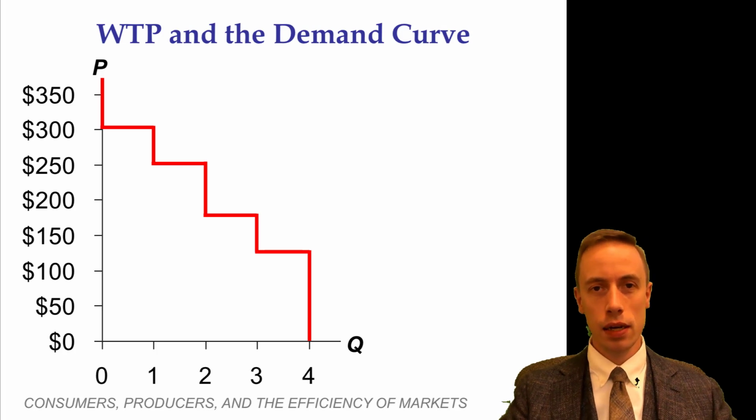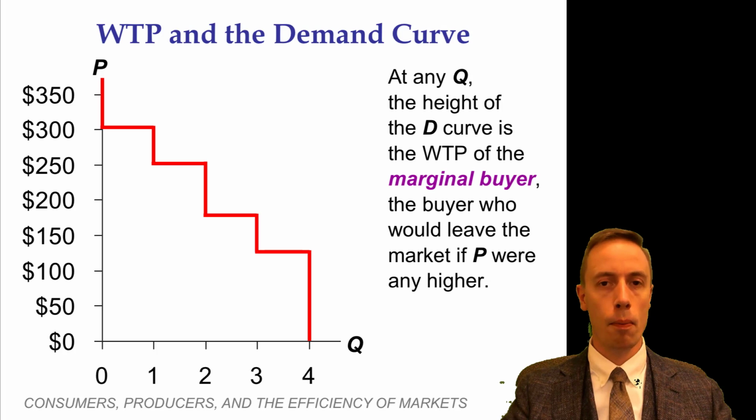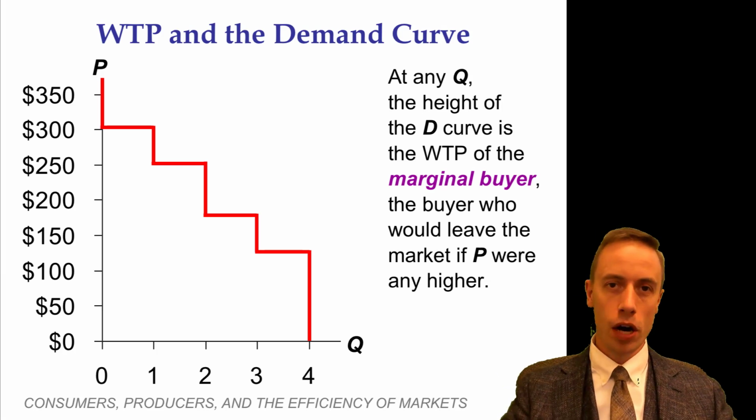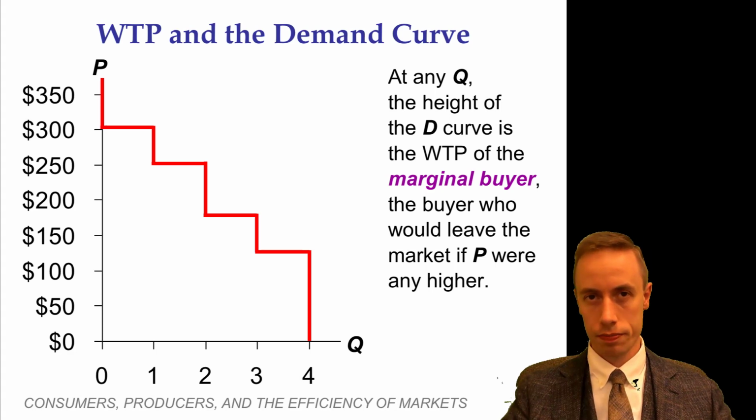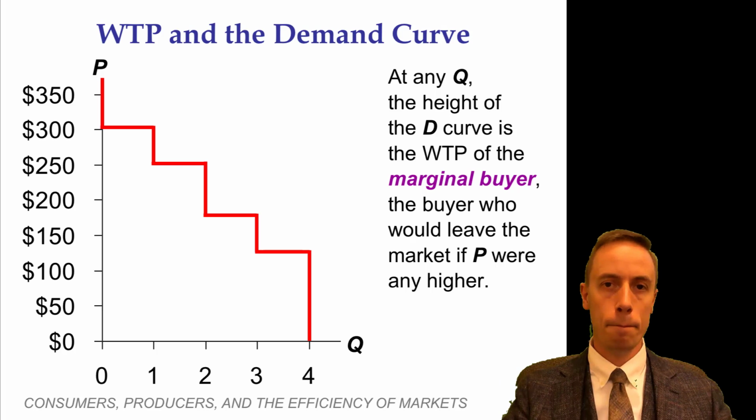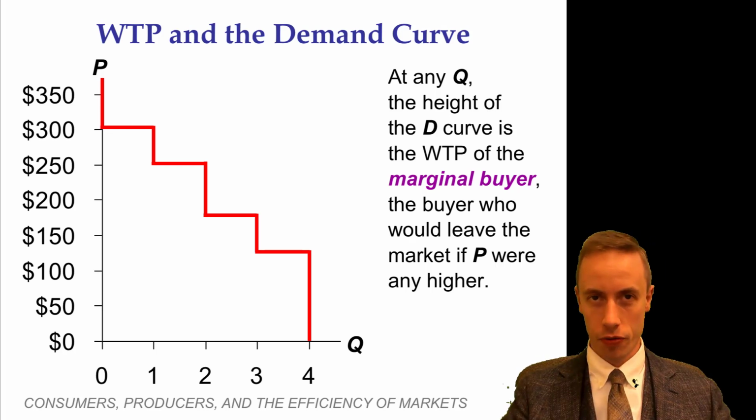And to do that, let me introduce a new term to you, the term marginal. Marginal thinking is a very important type of thinking in economics. It refers to thinking about a process step by step. Here's our first application of this type of thinking.